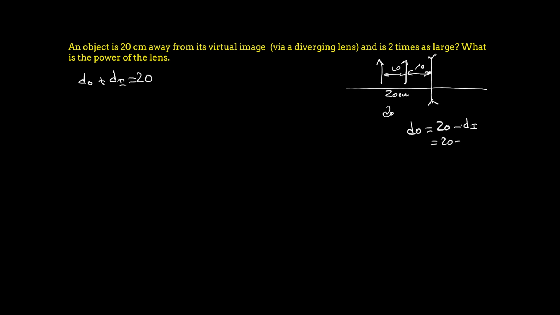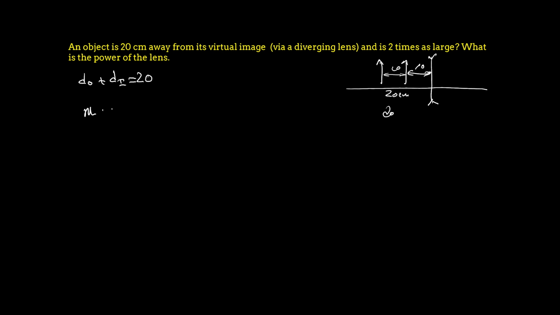It's 20 minus dI, which is negative 10, or 30. See? So we have to look at the problem and think about it in terms of thin lens notation, thin lens sign convention. Okay? And the magnification is going to come out to be positive.